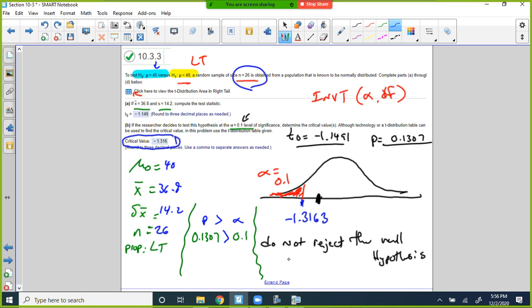If that's the case, then this is our conclusion, the same thing. So there's two ways to analyze it. You could do it with a critical t, find the t sub 0 and see whether it's in the critical region or not, to reject or not reject the null hypothesis, or you can do it with a p-value. So there's two paths that run parallel, but they're looking at two different things.